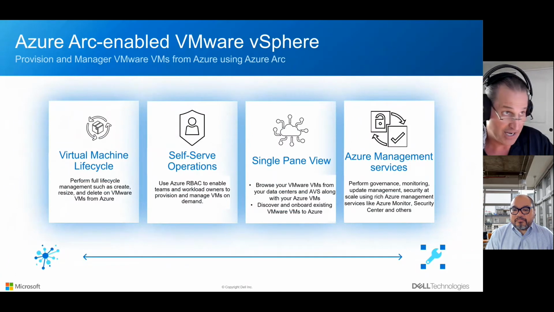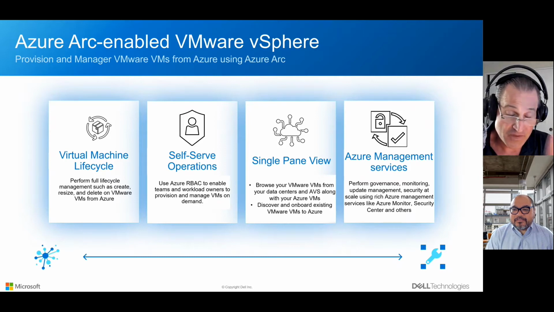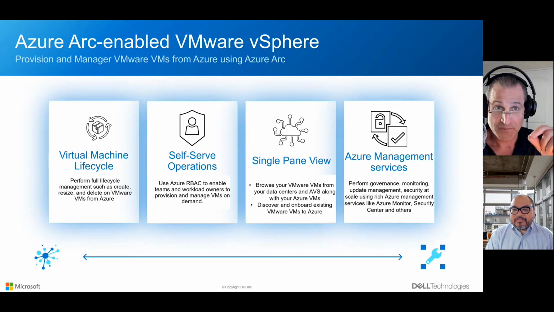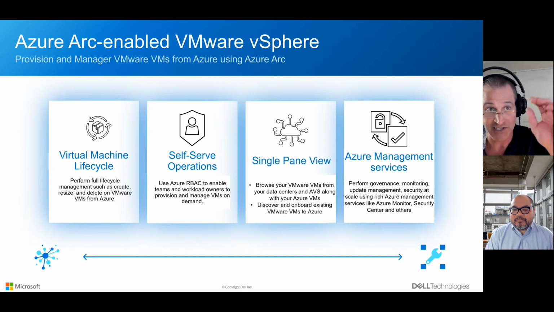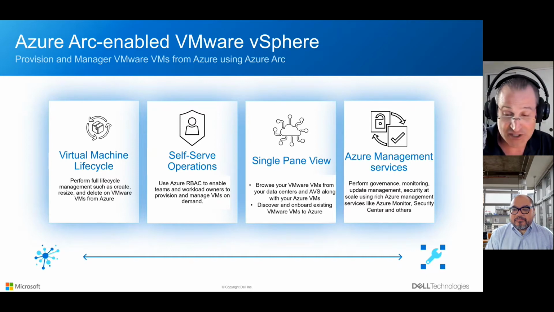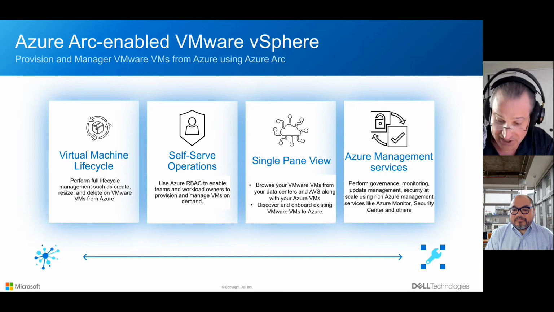What the heck is that, Rob? Well, that is vCenter surfaced in Azure, in the Azure portal. So yes, overused phrase, single pane of glass, single pane view, one of the bullets we have listed there. Virtual machine lifecycle, role-based access control.